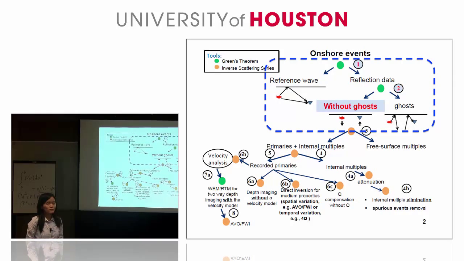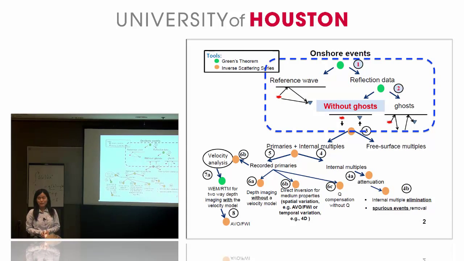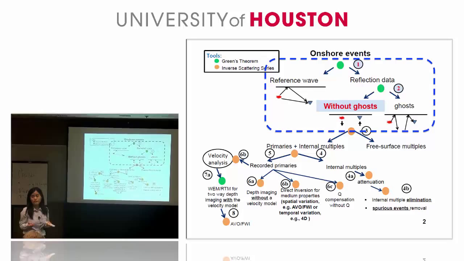And actually not only for our own interest, but for the general interest of seismic processing, we also need this kind of preprocessing to happen. So looking at this circle, we can see Green's theorem has two jobs to be finished. The first is it has to separate the reference wave from the reflection data.